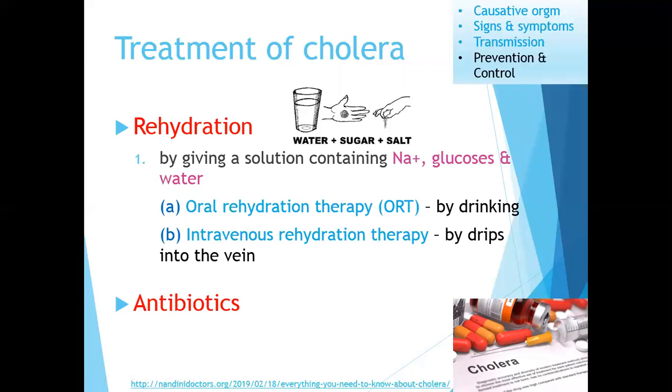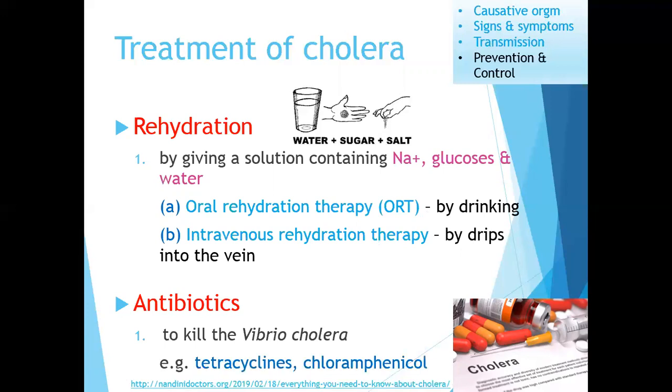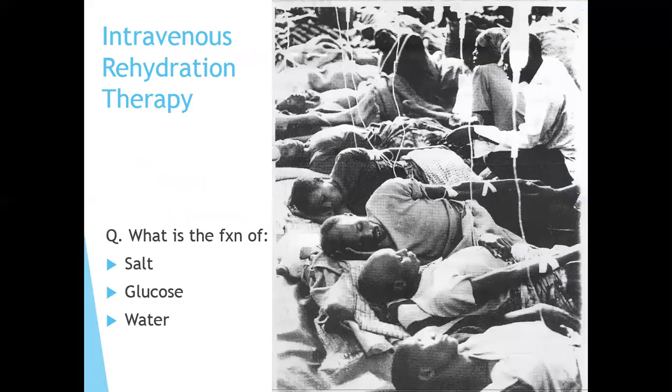Of course, in very serious cases we will also give antibiotics to kill the Vibrio cholerae. The antibiotics include tetracyclines and chloramphenicol. Now, this is a picture showing intravenous rehydration therapy.